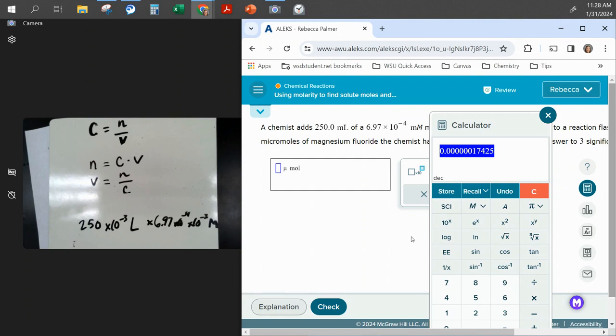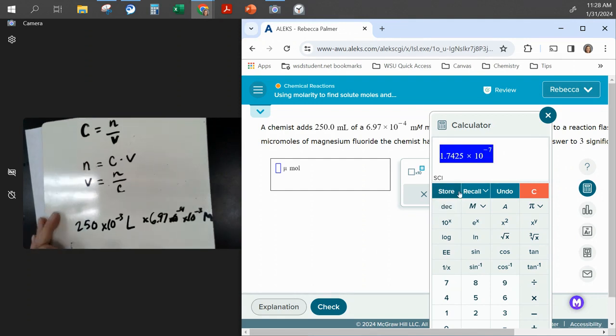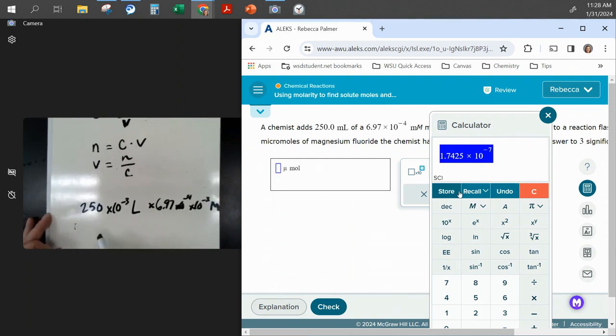Okay, I have this really small number. I'm going to put it in scientific notation. Let's see. I have 4 sig figs and 3 sig figs, so I need to keep 3. 1.74 times 10 to the minus 7.